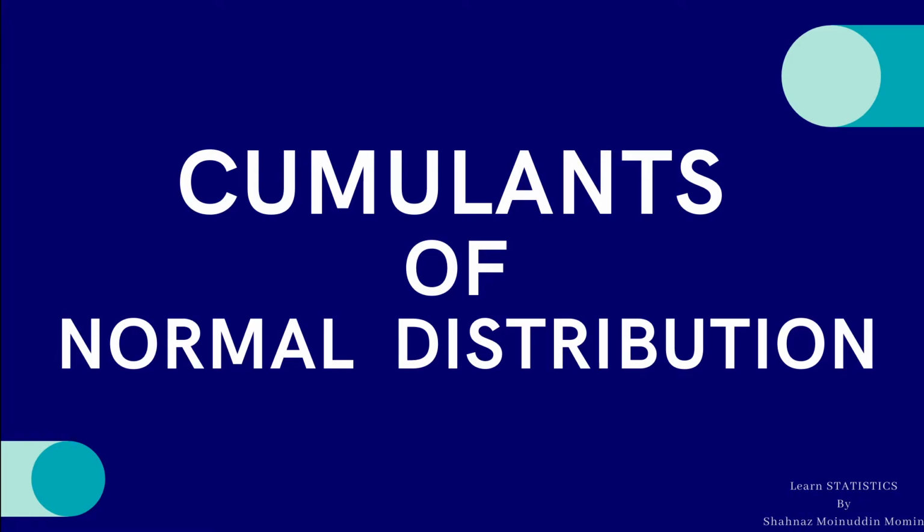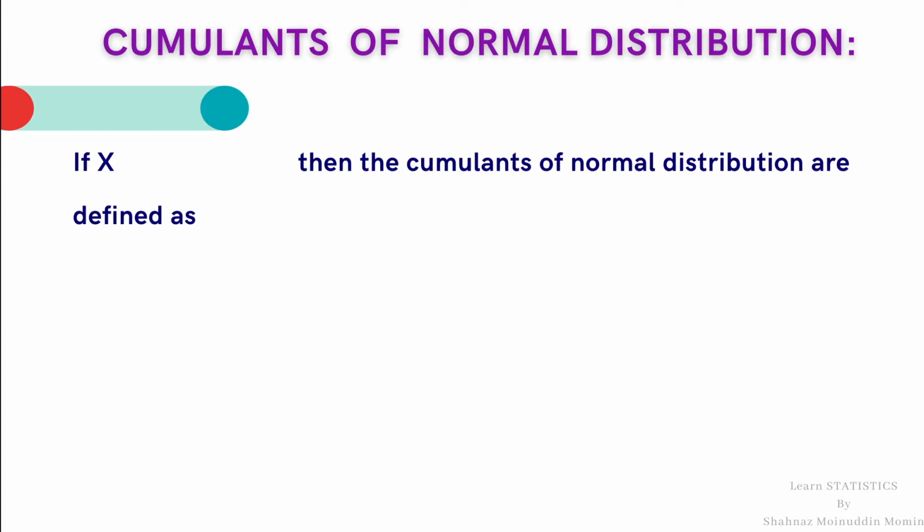Now we shall start with cumulants of normal distribution. If X is normal with parameters mu, sigma square, then cumulants are defined as, for example, the first cumulant k1 is equal to the coefficient of t in cumulant generating function K_X(t).